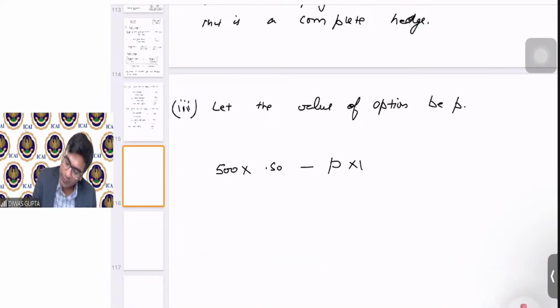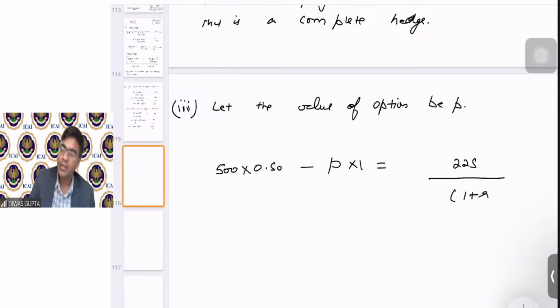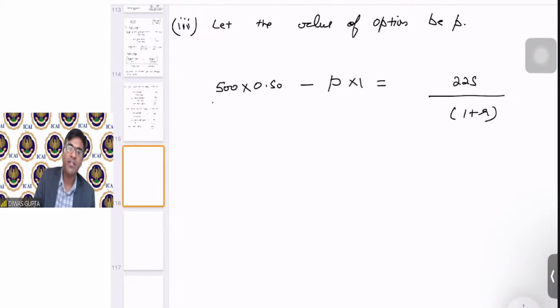So this equals 225, which is the closing cash inflow, divided by the present value factor 1 plus R to make these two values comparable. Okay, students. So this is the cost paid for 0.5 shares, 500 into 0.5, minus P, the income on writing one call option, equated to the overall cash inflow that we got. 225 is what we got in the second step, correct?